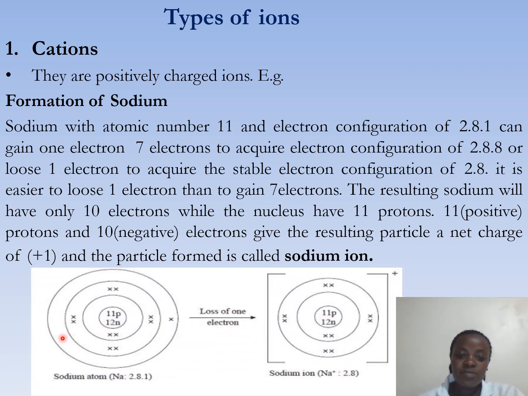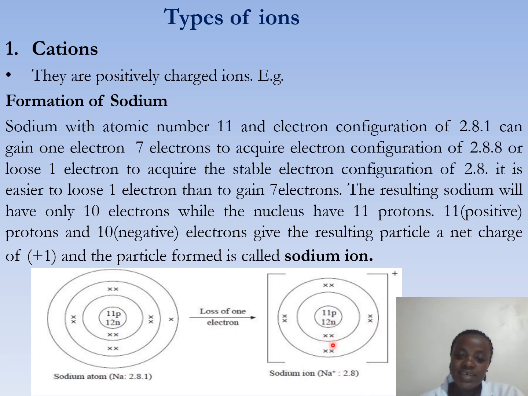We can see from this diagram the structure of the sodium atom. It has 2 electrons in the first energy level, 8 in the second energy level, and 1 in the third energy level. This 1 electron in the outermost energy level is what sodium is going to lose so that it can form its positive ion. It loses this 1 electron, therefore the entire third energy level is lost, leaving the sodium ion with 2 energy levels.